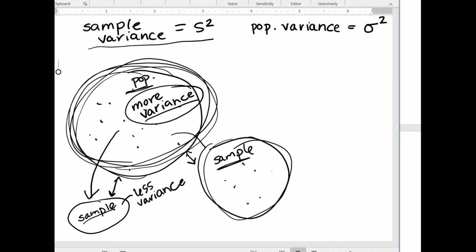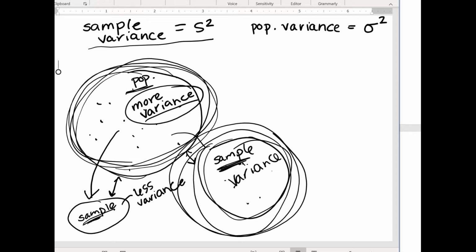So which do we think is going to be a better estimate of a whole population? A little sample or a big sample? Chances are that the bigger the sample is, the closer that sample's variance will be to the true variance of the whole population, right? If this gets bigger and bigger, the closer you get to the size of the population, probably the closer those two are really going to be.